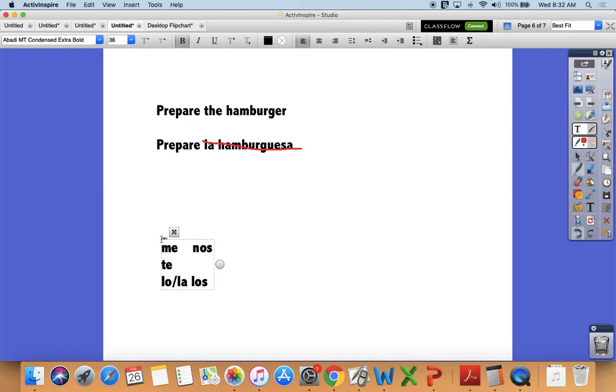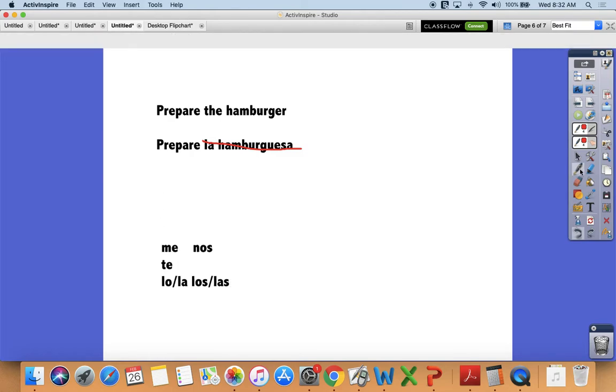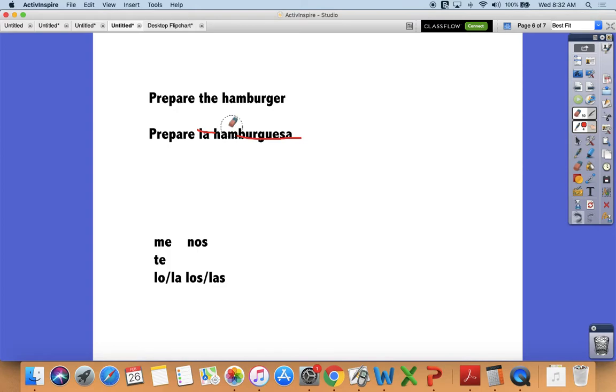So, la. It is la because it's la hamburguesa. It's feminine singular. It would fit down here with the little la. So hamburguesa becomes la.